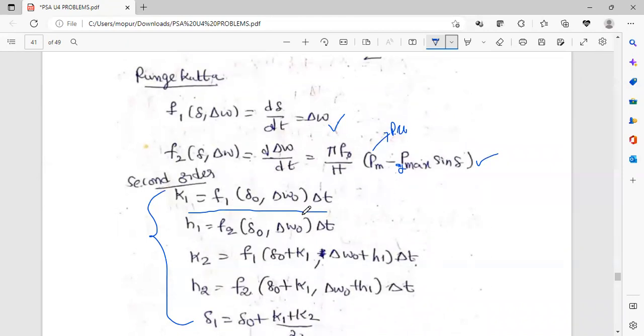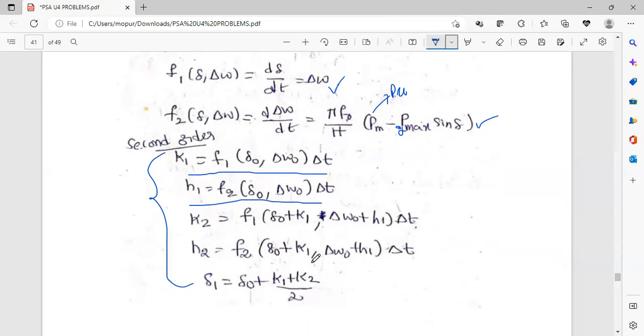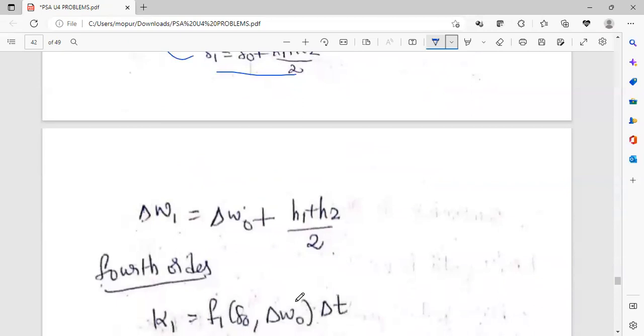For H1 calculation, here you should take sine del naught. Then K2 is equal to F1 of del naught plus K1, comma, del omega naught plus H1, into delta t. We will understand this when we see problems. After finding K1, H1, K2, H2, this is the formula to find del 1. And for finding del omega 1, this is the formula.